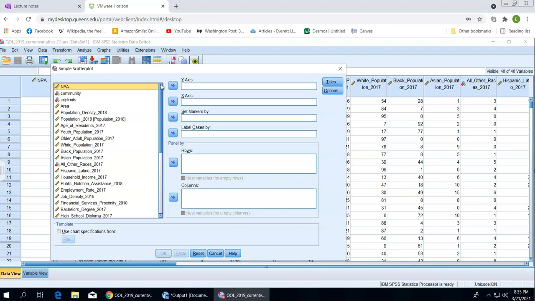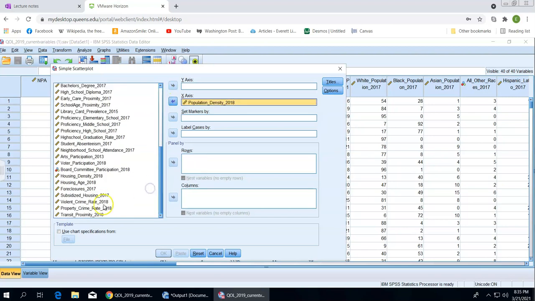So we might as well go ahead and put what's going to be the independent variable on the x-axis. Between population density and property crime rate, I think we'd be interested in seeing how population density predicts crime rate. So we'd want to see population density on our x-axis and property crime rate on our y.